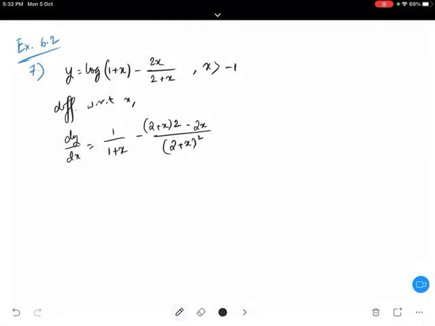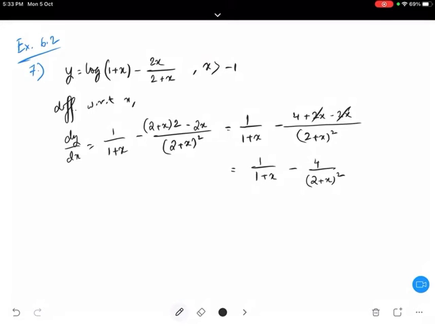So what you have is 1 divided by 1 plus x minus, let's multiply 2, so I get 4 plus 2x minus 2x divided by 2 plus x whole square. So minus 2x goes out, so I have 1 by 1 plus x minus 4 divided by 2 plus x whole square.